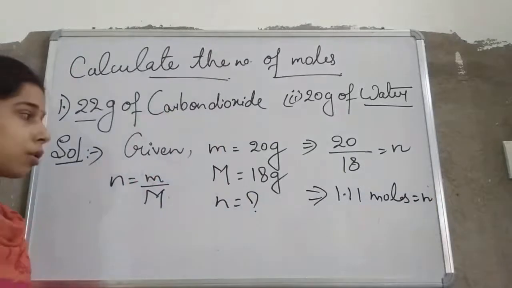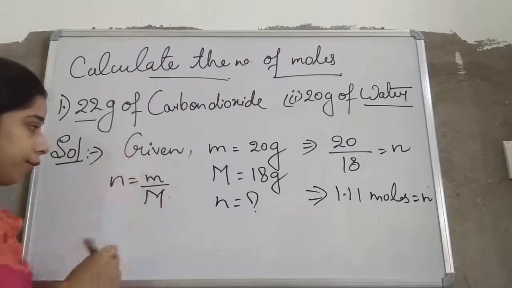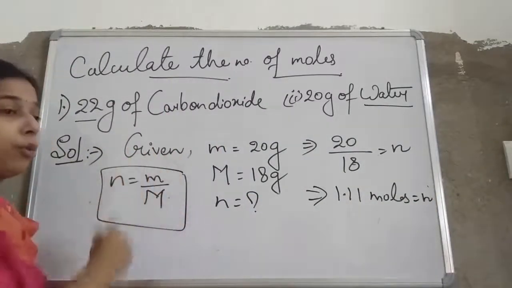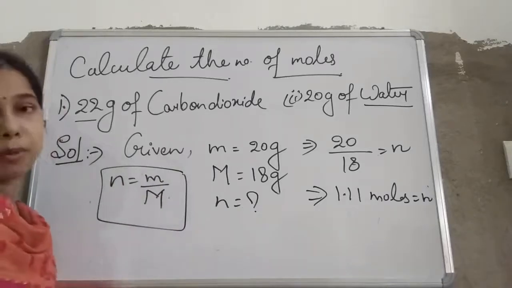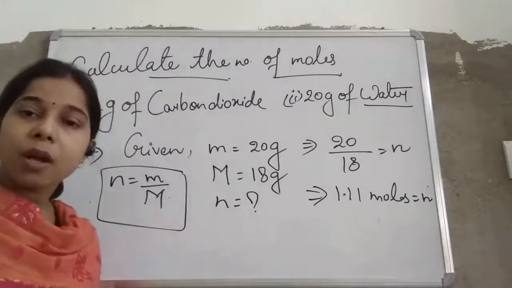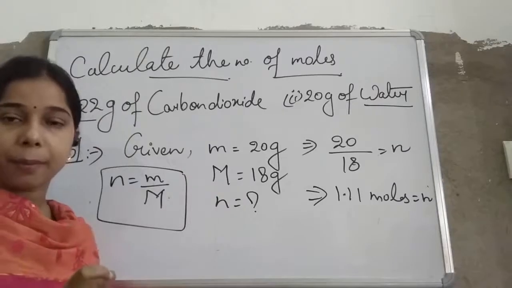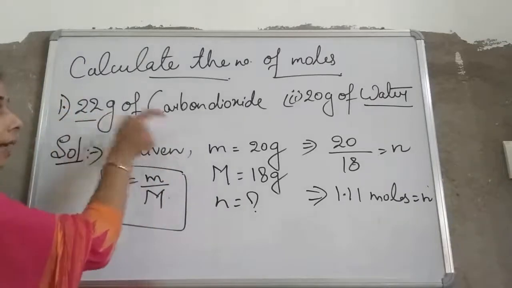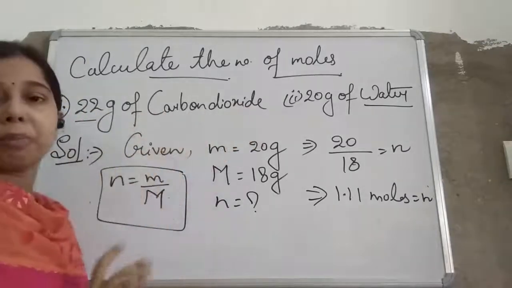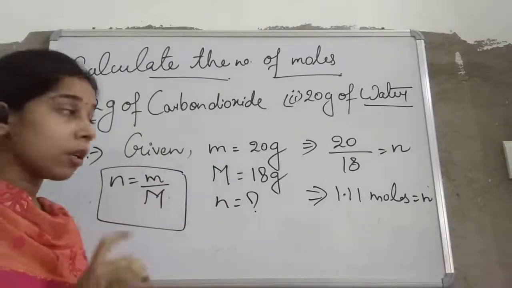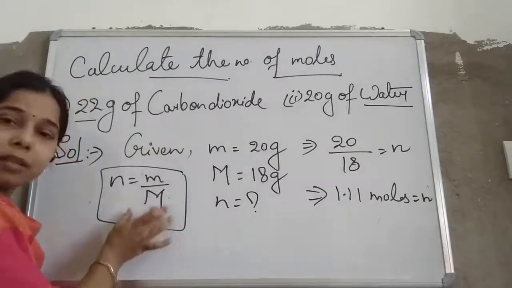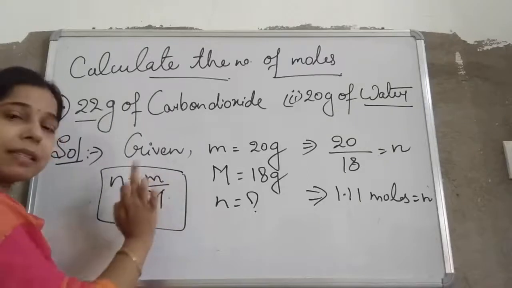Okay students, so with the help of this formula we are able to find the number of moles. Always remember, if the mass in gram of a particular compound or substance is given, then you will always apply this formula because mass is given.